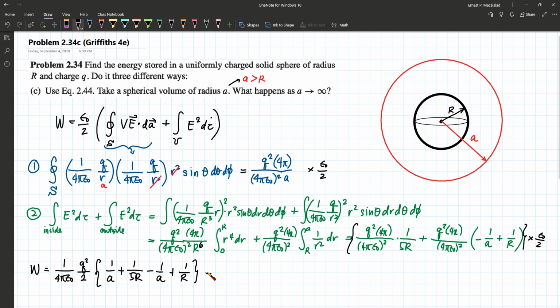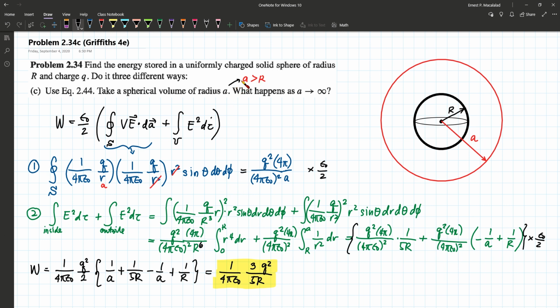Okay, so this is now equal to our result before. So that's 1 over 4 pi epsilon naught, 3q squared over 5r. This is the same result that we obtained in parts A and B, which tells us that whatever method we use, we will arrive at the same result.